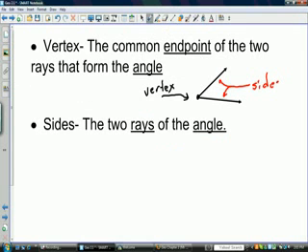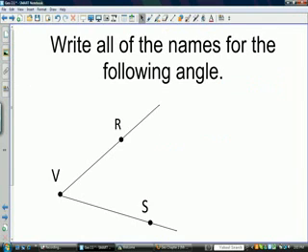Those we'll just call the sides. They're the two rays of the angle. Now let's list all the possible names for this angle. Well, we'll start with our angle sign, RVS. Notice that the vertex has to be in the middle. And then we have SVR.